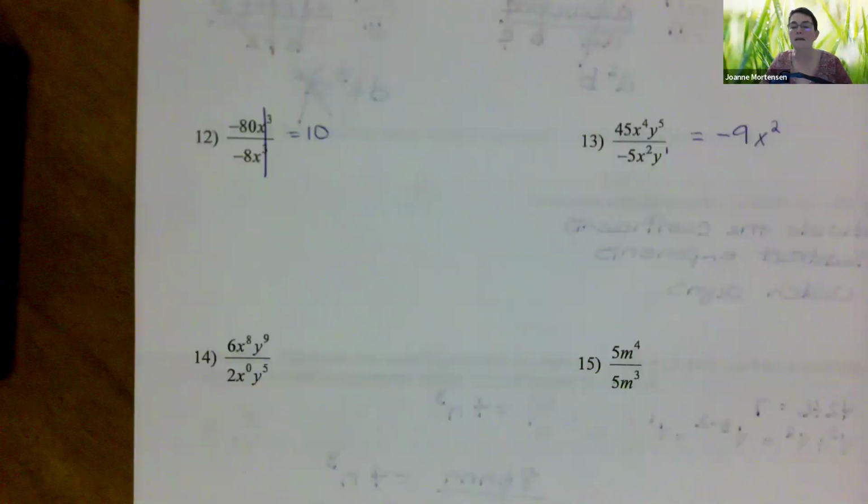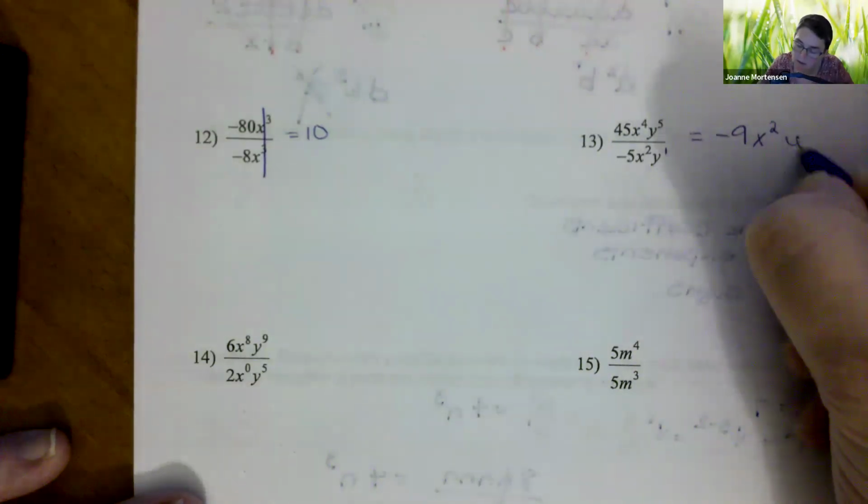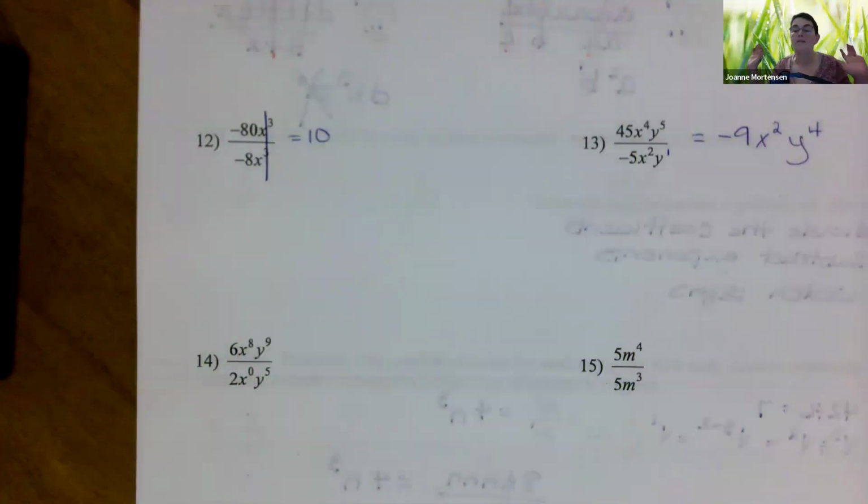And for my y's, make sure you can see what I'm doing. Y to the 5th divided by y to the 1 is going to give me y to the 4. I hope that you could imagine this as 5 y's written out and then 1 y on the bottom. So you cancel that out, and you're left with y to the 4th.